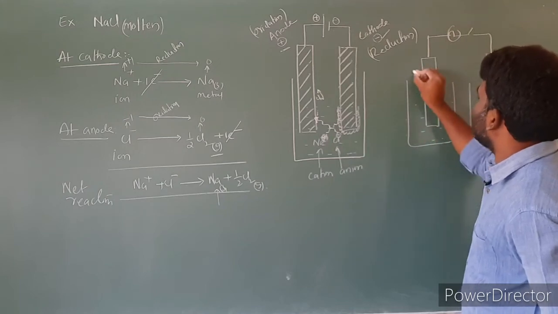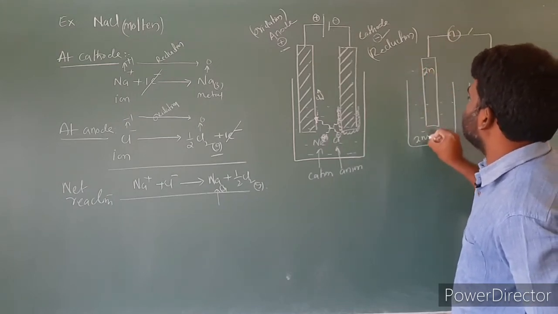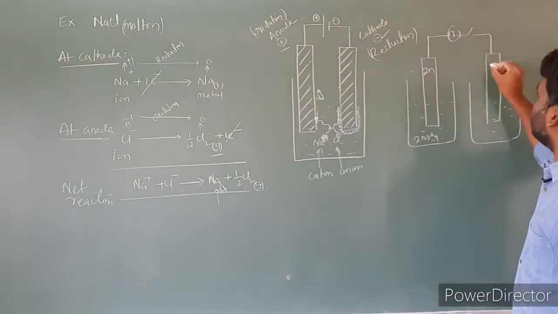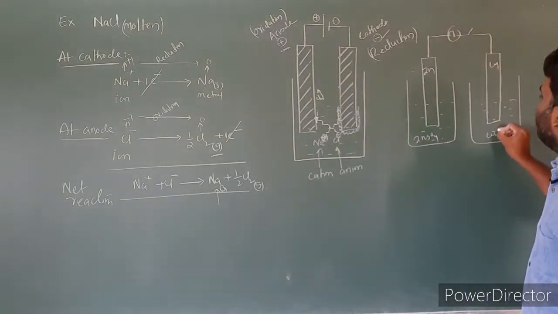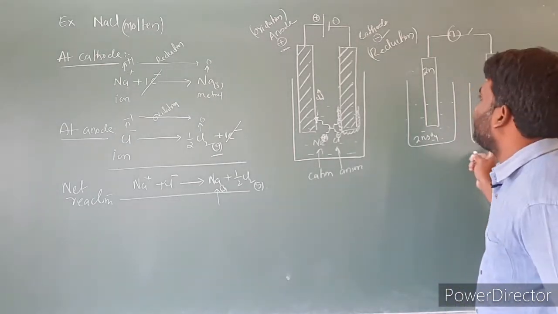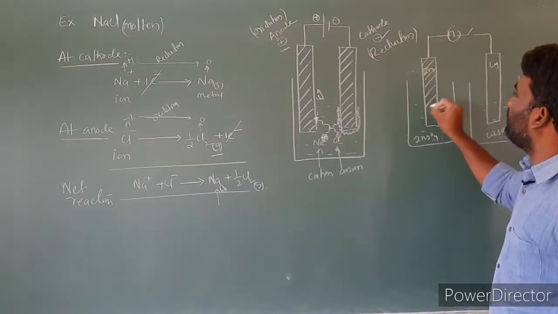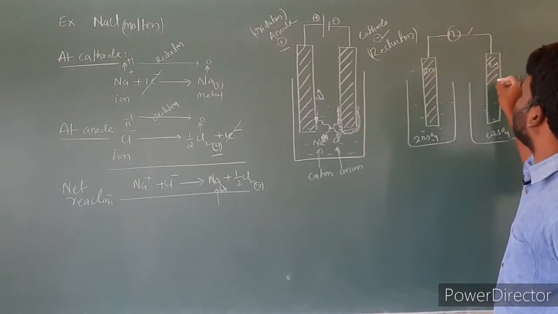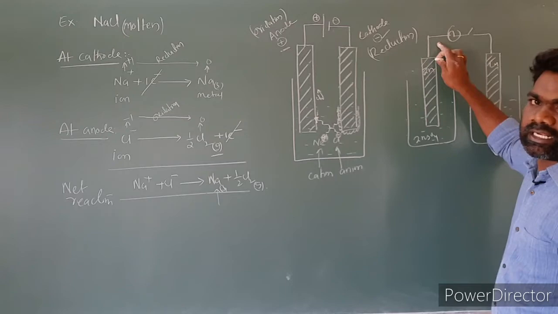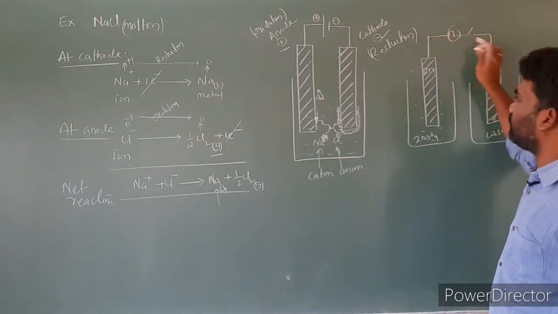So here is a zinc rod, dipped in a zinc sulfate solution. Here is a copper rod dipped in a copper sulfate solution. These two, the zinc rod and copper rod, act as electrodes. They are externally connected by a wire through a galvanometer and a switch.